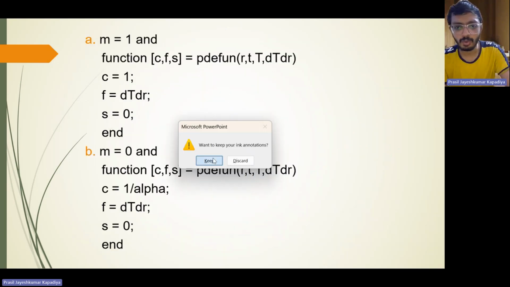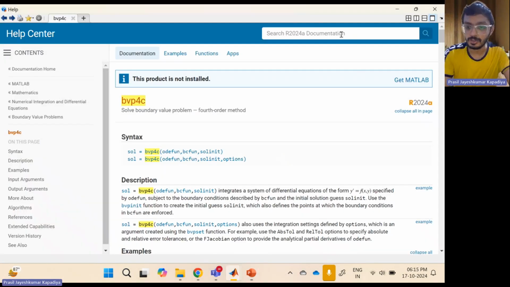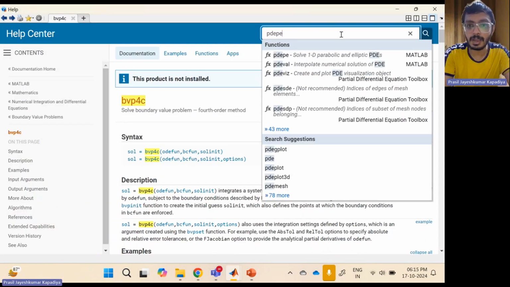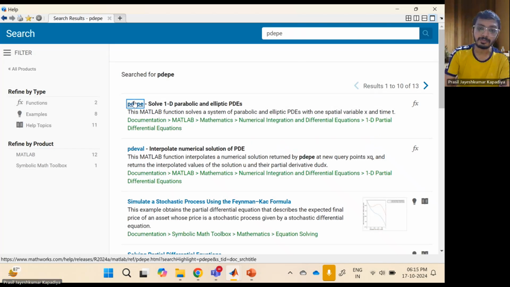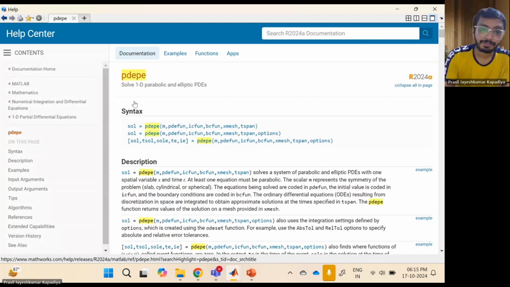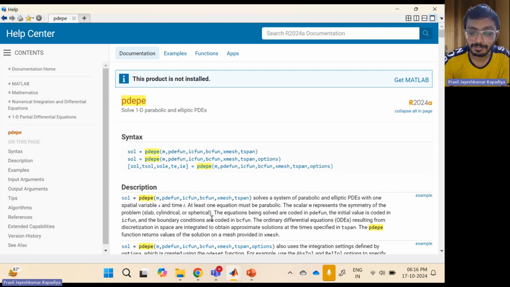So first let's have a look at the pdepe solver. Okay, so for pdepe, I am searching for the pdepe solver. The solution is equal to pdepe(m, pdefun, icfun, bcfun, xmesh, tspan). So what is m?